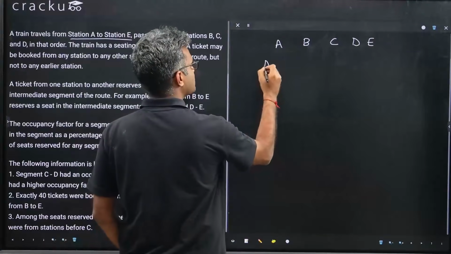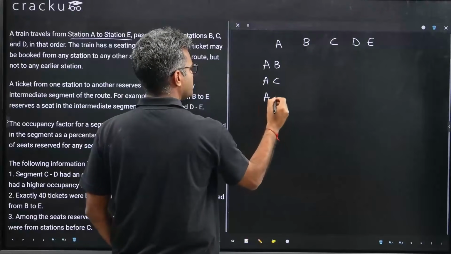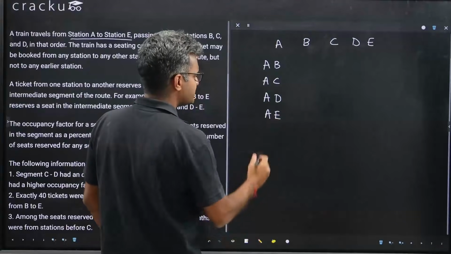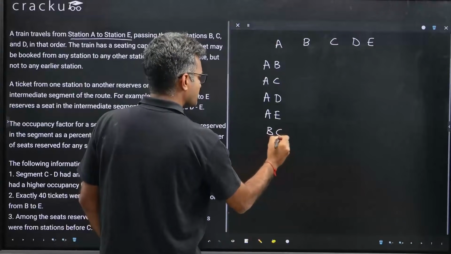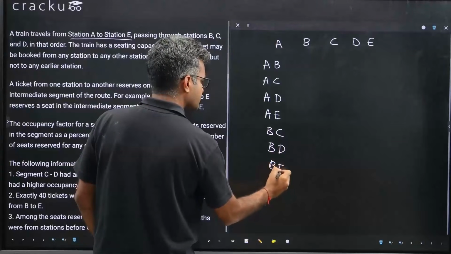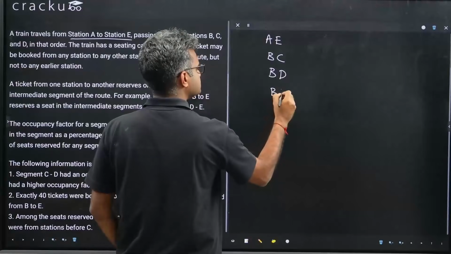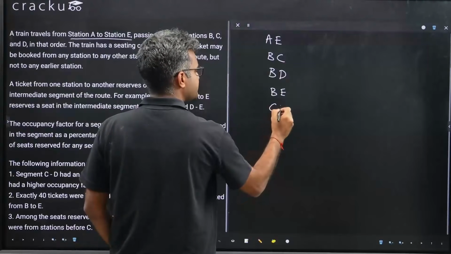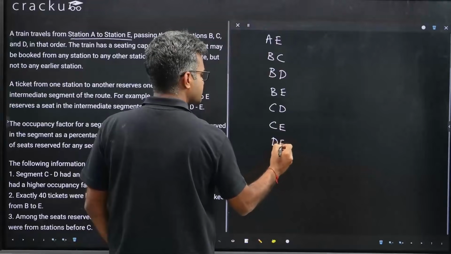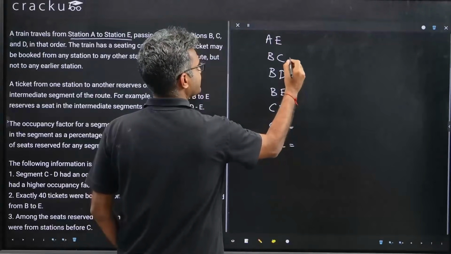Either a ticket can be booked from A to B, or from A to C, or from A to D, or from A to E. Similarly, it can be booked from B to C, or from B to D, or from B to E. Or it can be booked from C to D, or C to E, or from D to E. These are all the possibilities with respect to the 2 stations in which a ticket can be booked from.